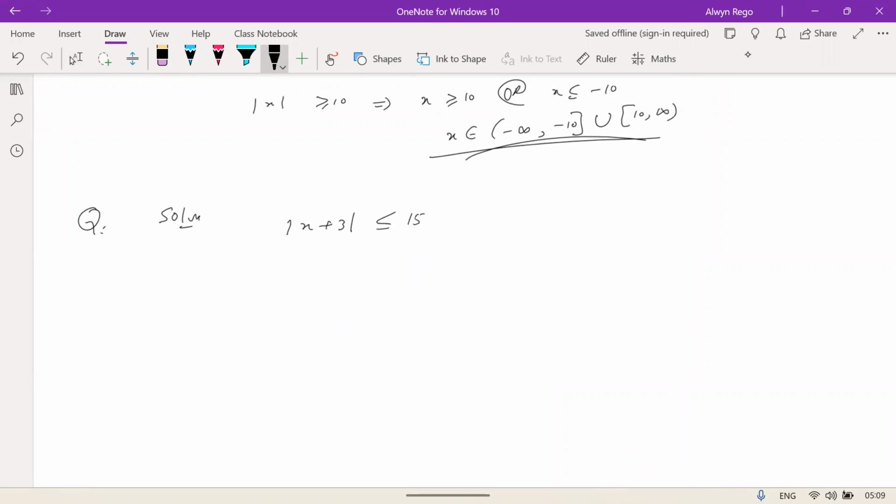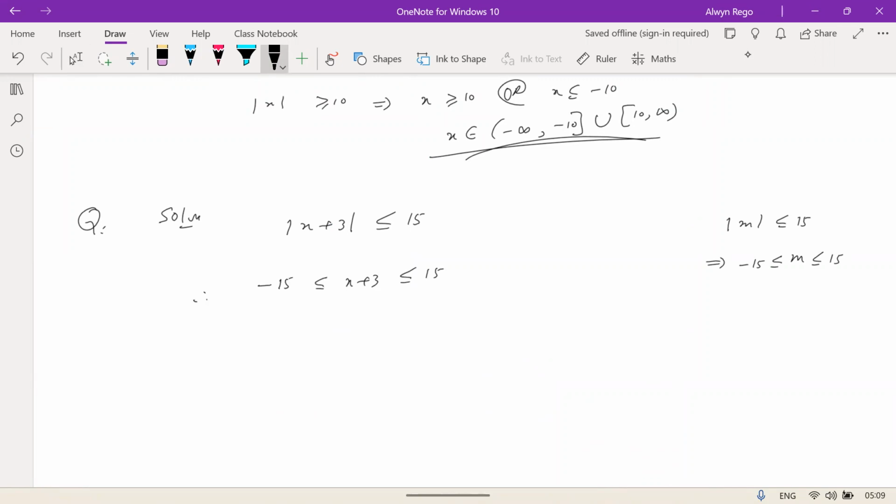I can say that absolute value of something is less than or equal to 15 implies that that something is a sandwich between minus 15 and plus 15. So for all values of x which are between minus 15 and plus 15, the absolute value is less than 15. Therefore, I can say x plus 3 must be less than or equal to 15 and more than or equal to negative 15.